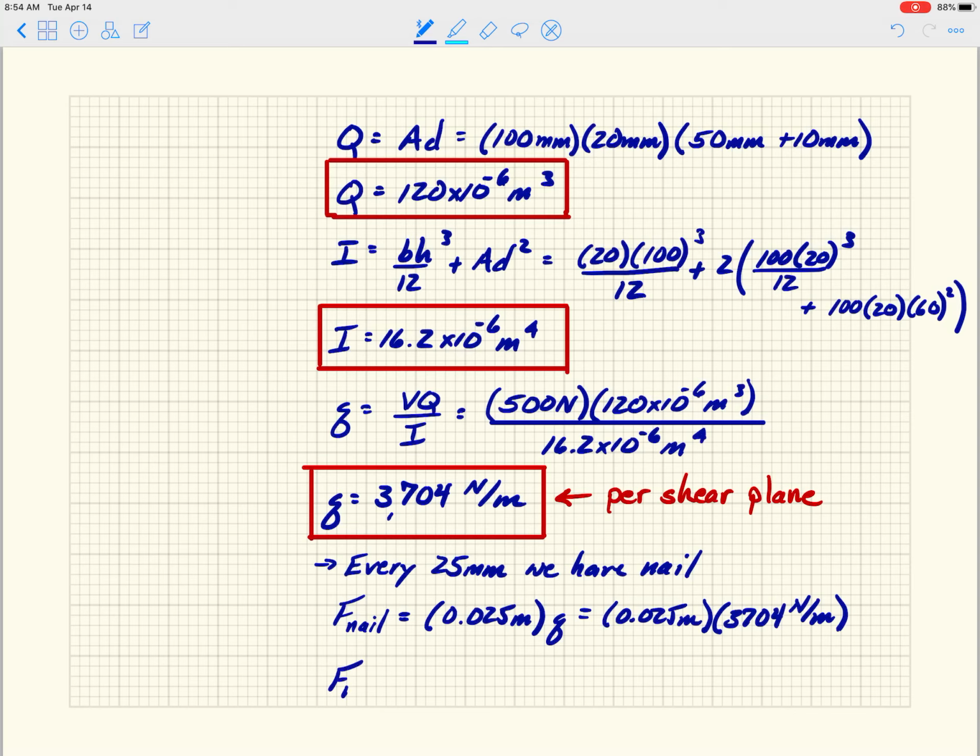And now the F nail becomes 92.6 newtons.